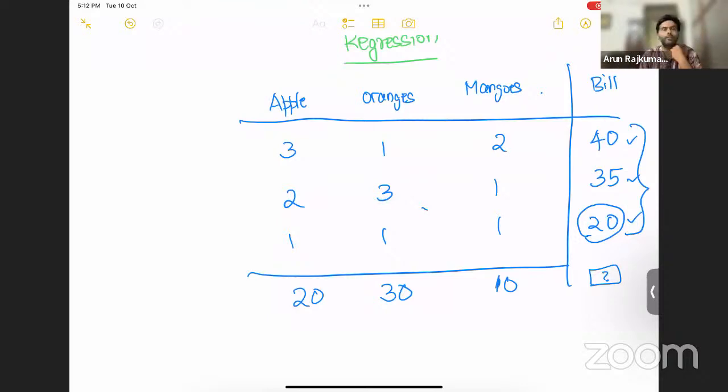How do we find this? So what do we need to figure out the answer for the last day? What information do we need? What information are we seeking? Price. We need to know the price of a single apple. We need to know the price of a single orange and a single mango.